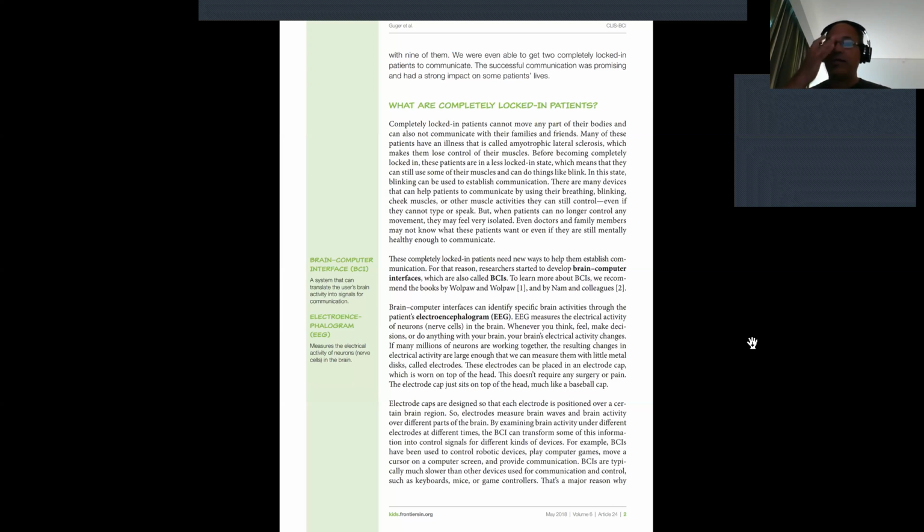So if you're thinking about left-hand movement or right-hand movement, well, if you don't have an electrode cap or some other way to pick that up, that's not going to help you very much with respect to a BCI. But if you have an electrode cap that can pick it up and signal processing that can determine the difference between these different brain states that you create, well then, now you have the basis for communication.